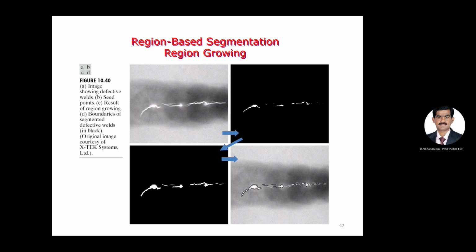Region-based segmentation: region growing. Region growing is a process of merging adjacent pixels into one segment, and it is one of the simplest and very popular methods of segmentation, used in many applications.